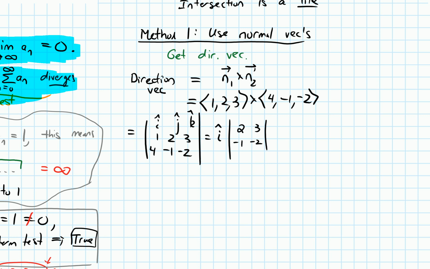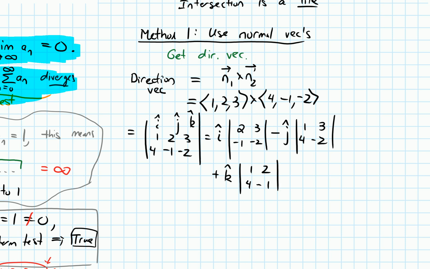Okay, let me undo that. Okay, so now for the next term, I put a minus sign, and I go to j. I do the same thing, and that'll leave me with 1, 3, 4, -2. And then I go to k, and I switch back to positive, so plus k times the determinant of 1, 2, 4, -1.